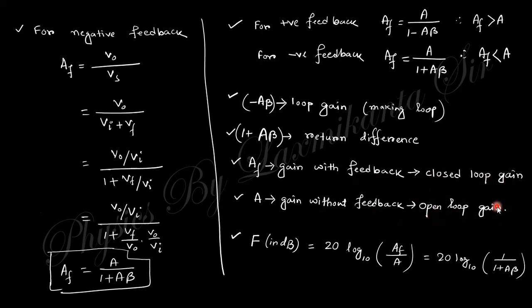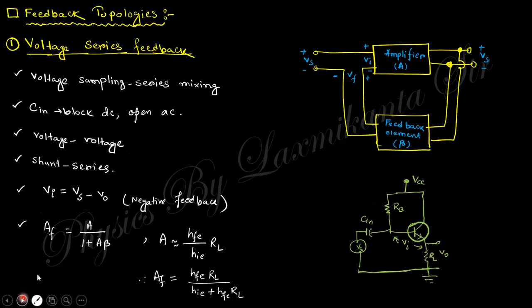This is the nomenclature you need to remember. It is measured in decibels, that is 20 log AF by A, where AF by A is nothing but 1 by 1 plus A beta in negative feedback.